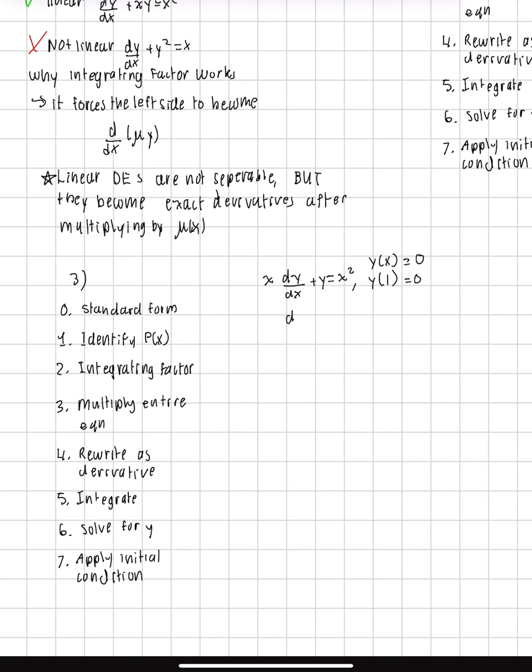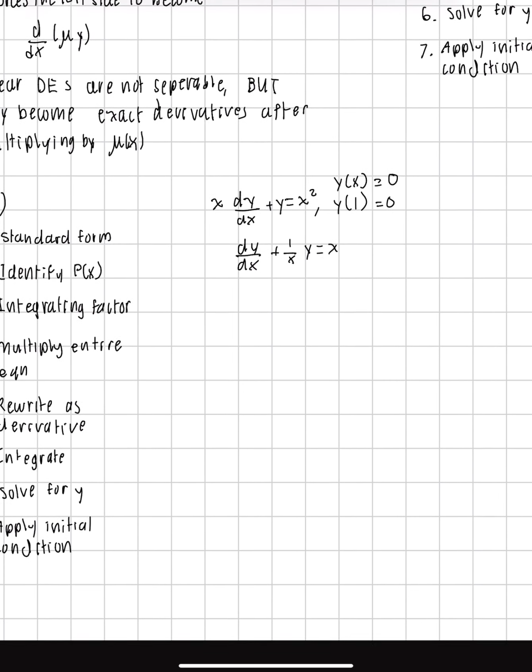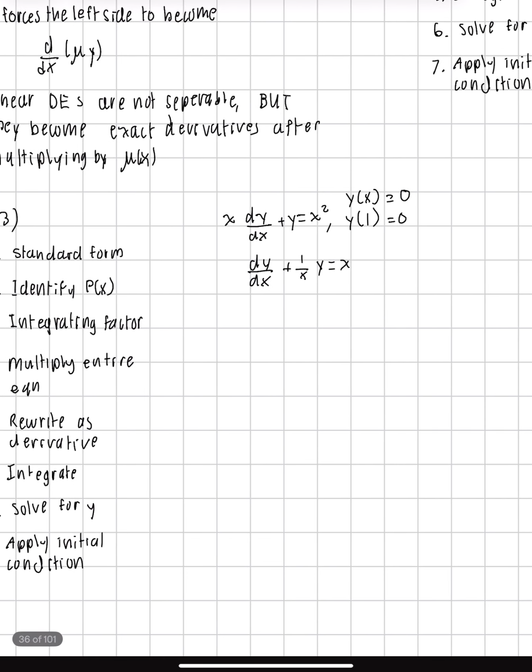Putting this in standard form, we get dy over dx plus 1 over x times y is equal to x. Now we can do the integrating factor. So we have mu of x is equal to e to the integral of 1 over x times dx, and that's going to equal x.